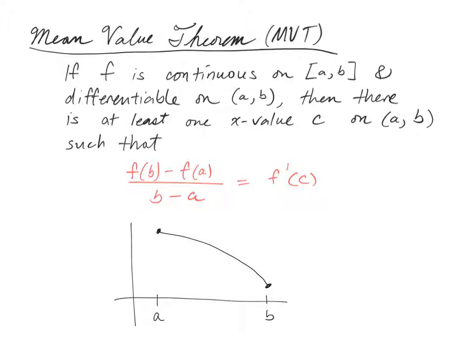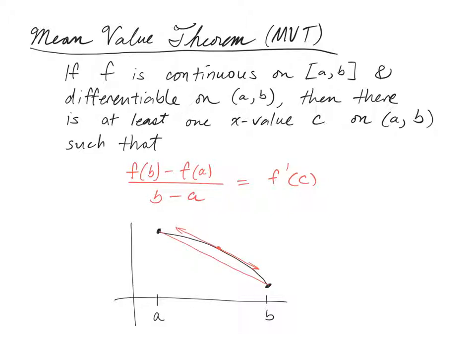And if we look at the average rate of change, or we could say the mean rate of change between these two points, then somewhere on this graph, maybe about right here, we can find a tangent line that has the exact value of the average rate of change.